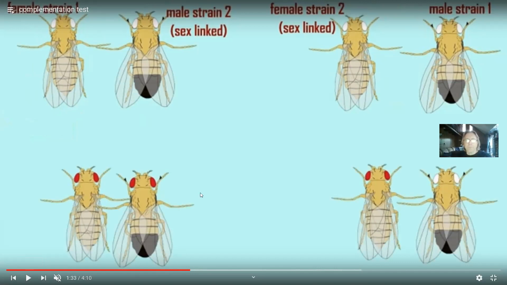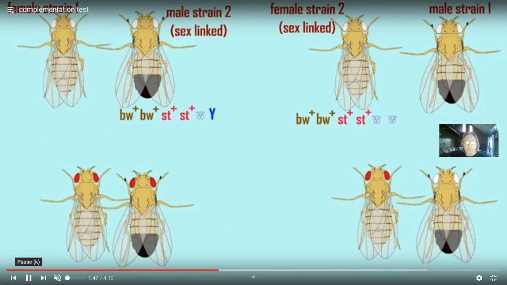So here, the key is to look at the red-eyed flies. If the white-eyed mutations were in the same gene, all of the flies would have white eyes. But they're not.